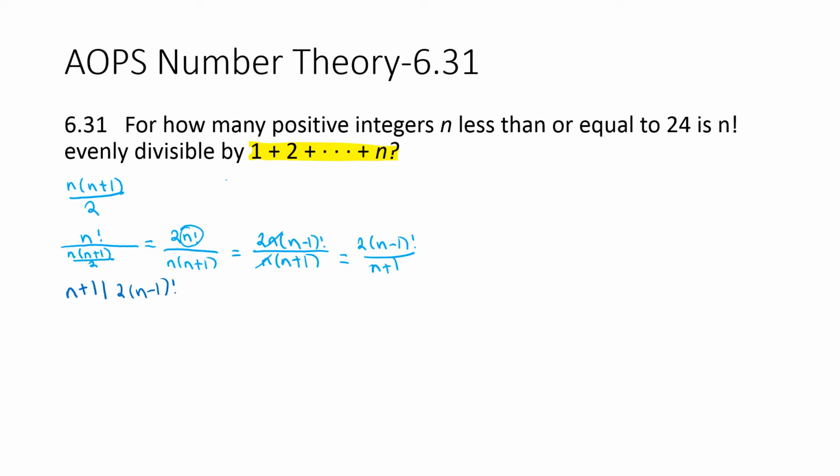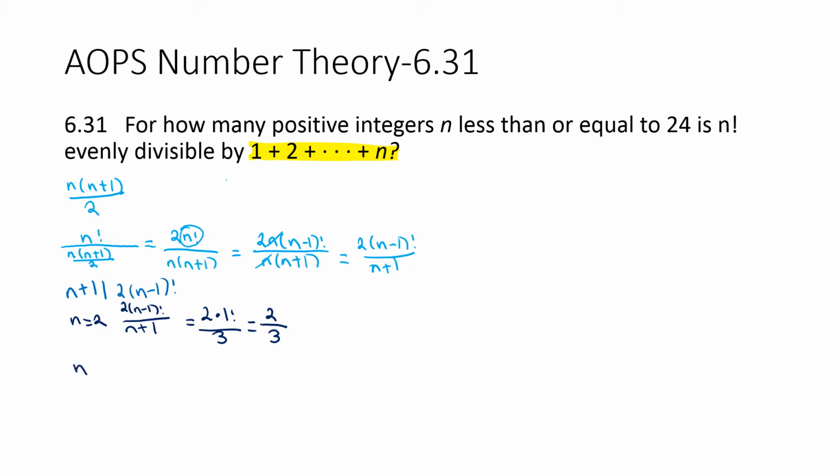Then we test n equal to 2. Then 2 times (n minus 1) factorial over n plus 1 is equal to 2 times 1 factorial over 3, which is 2 over 3, a fraction.